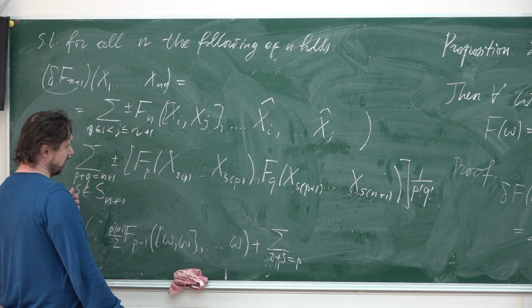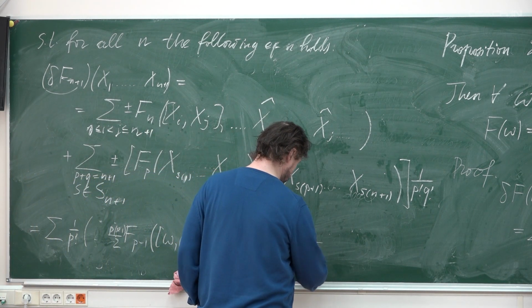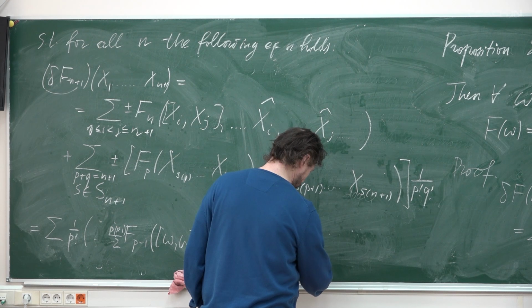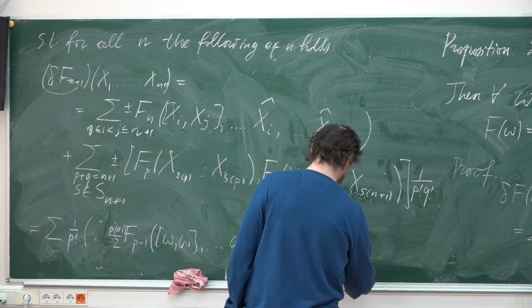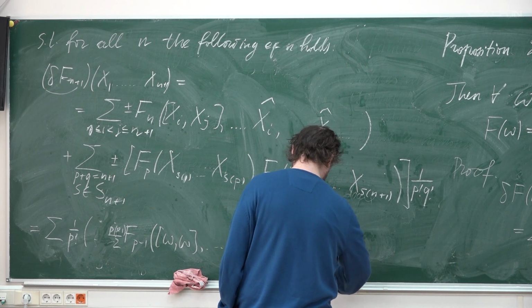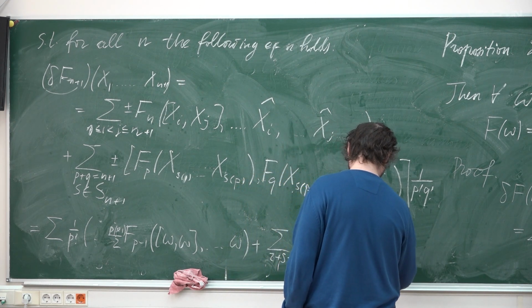And there will be the factors 1 over p factorial, 1 over r factorial, 1 over s factorial, f r of omega.